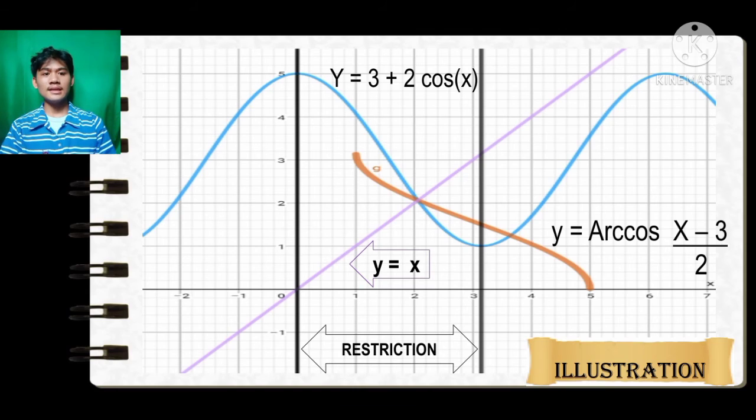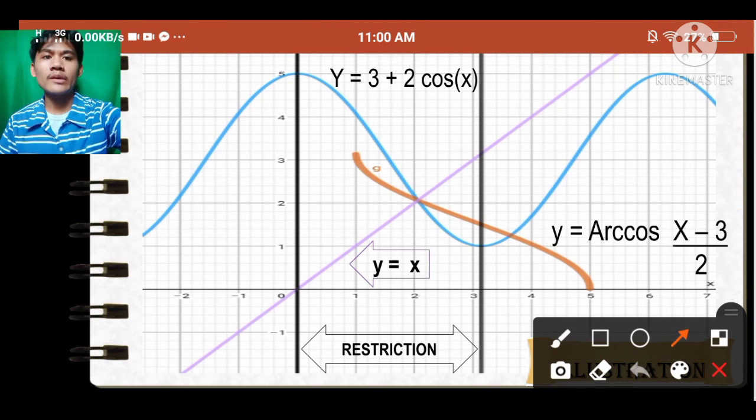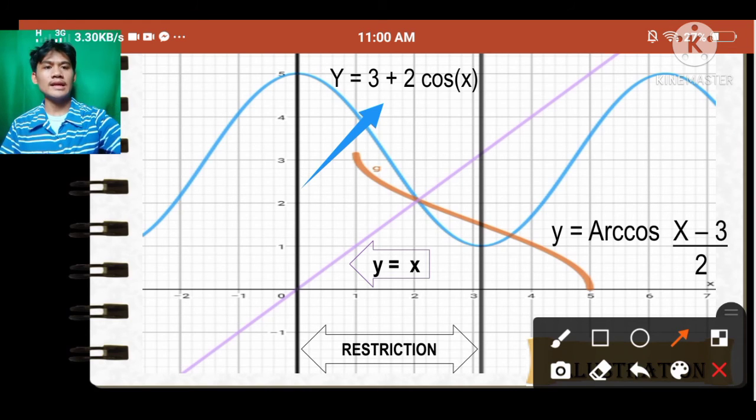So that would be the illustration of the given example. We have this given equation, and the graph is the blue line, as you observe here, and the restriction is the black line, and y equals x denotes the inverse.